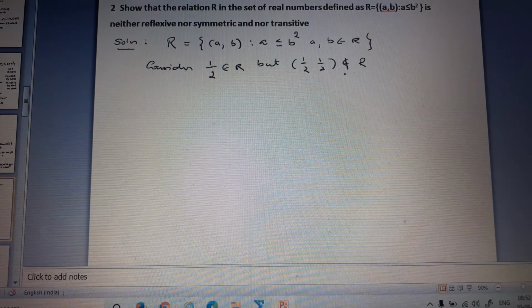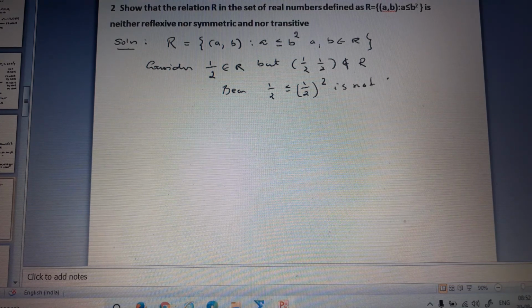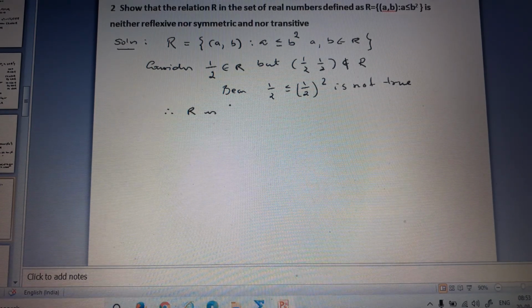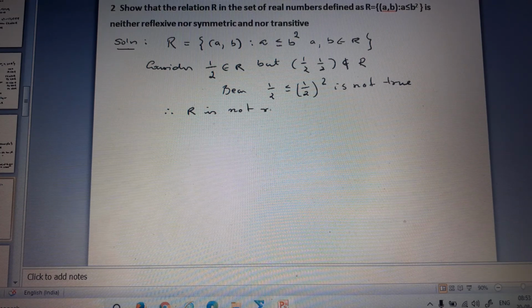This is not a relation element because 1 by 2 less than or equal to (1 by 2) square is not true. 1 by 2 is 1 by 2 only. (1 by 2) square is 1 by 4. 1 by 4 is less than 1 by 2 actually. So this is not reflexive. Therefore, R is not reflexive.